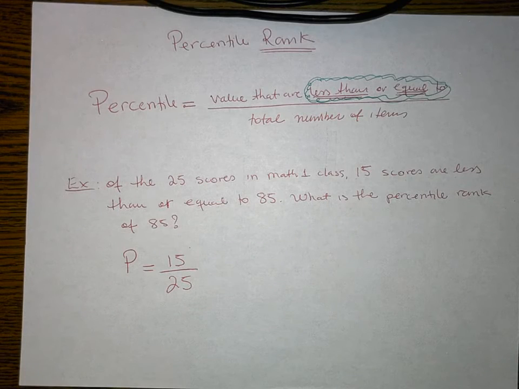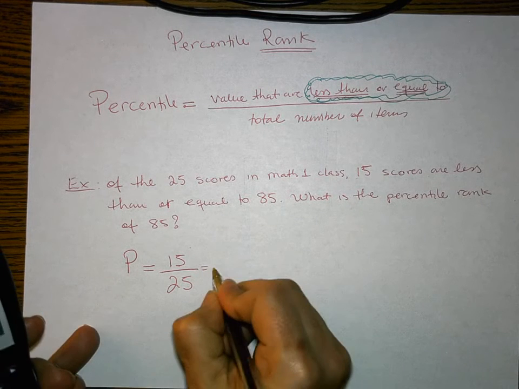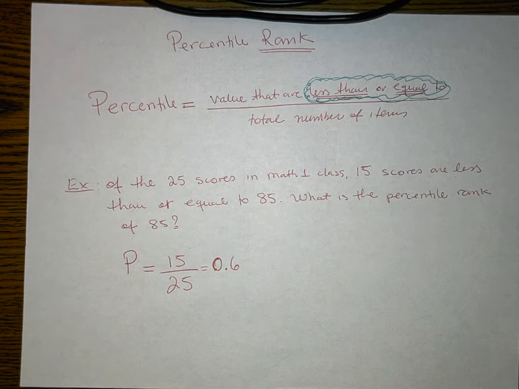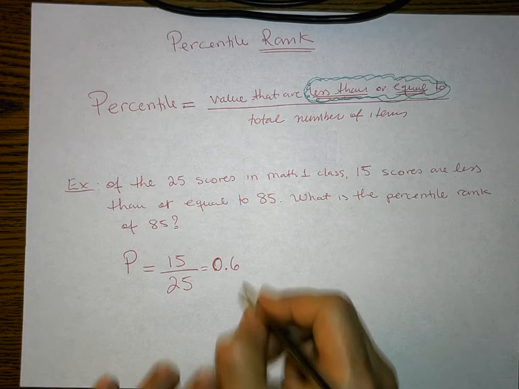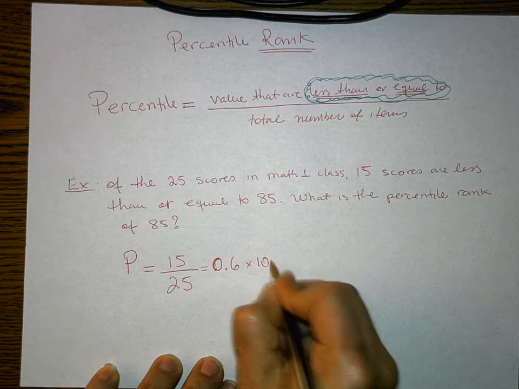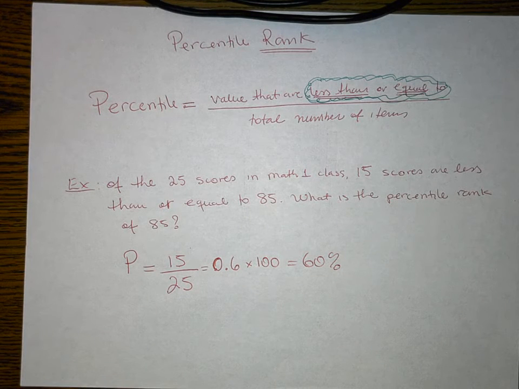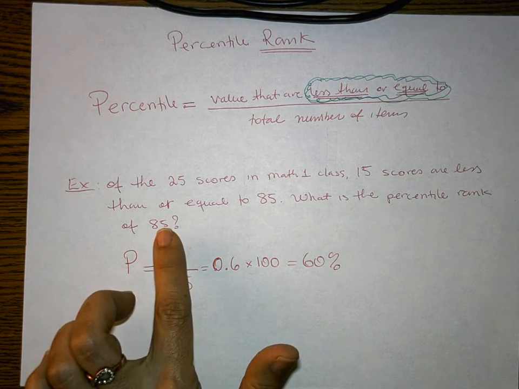So 15 divided by 25 is equal to 0.6. Times 100, and you get 60%. So 60 is the percentile rank for the data value 85.